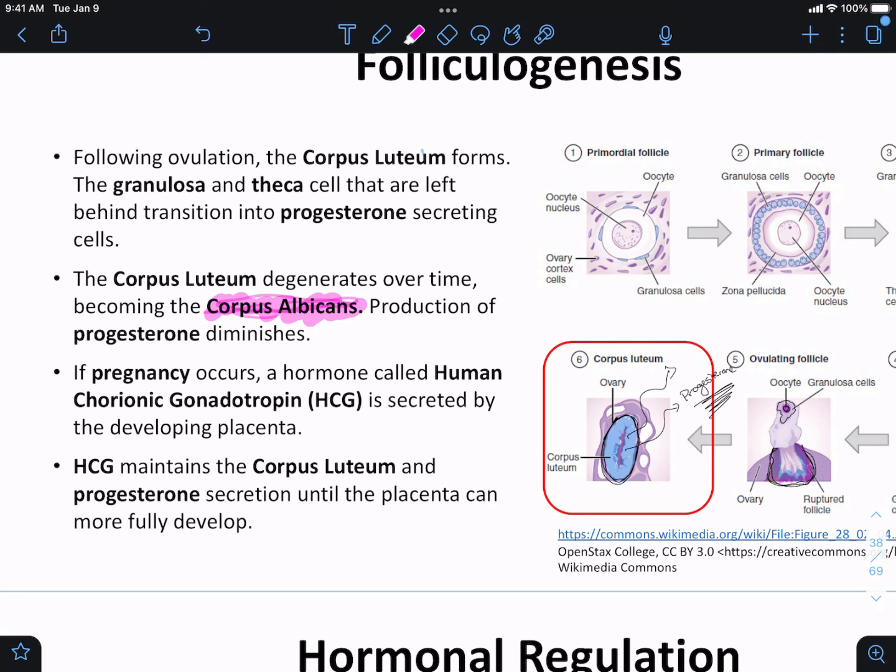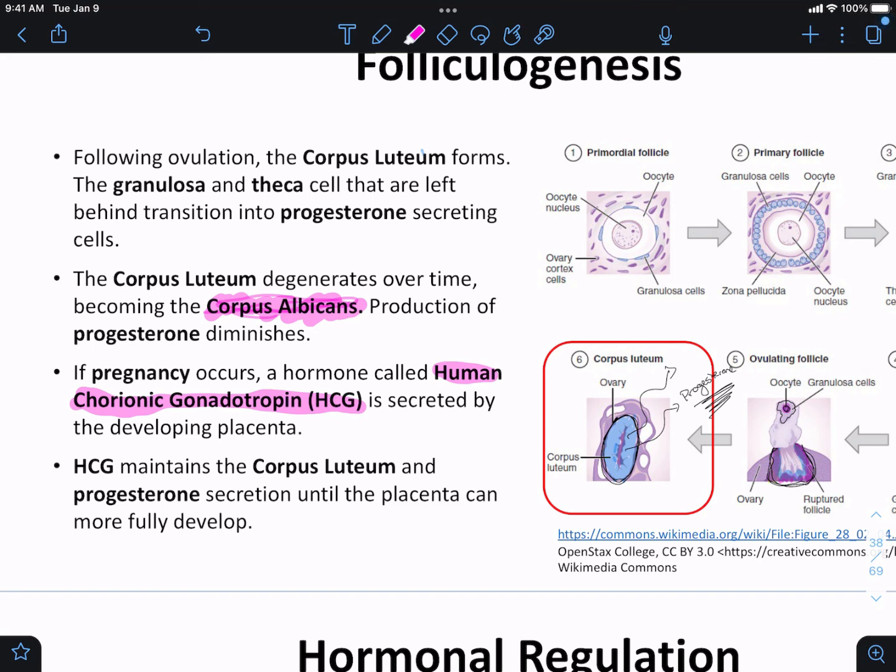Now, if the oocyte is fertilized, and it's usually fertilized in the fallopian tubes, then the fertilized oocyte will implant, and in that implantation process, as the baby little placenta is just beginning to develop, it's going to start releasing a hormone called human chorionic gonadotropin. We'll talk a little bit more about this. I'm going to review the hormones again.